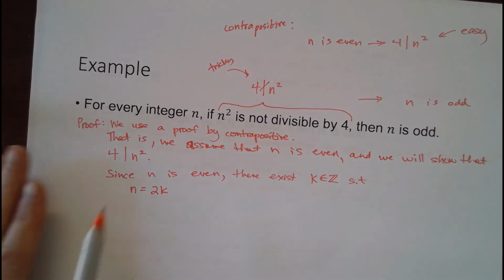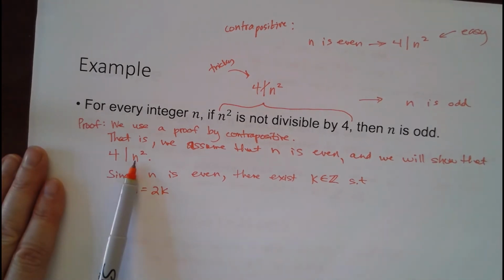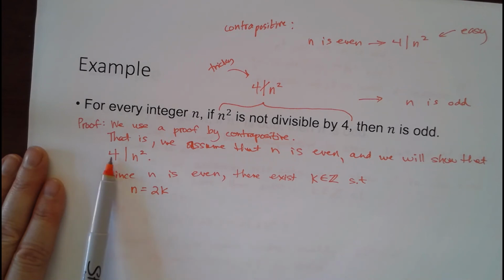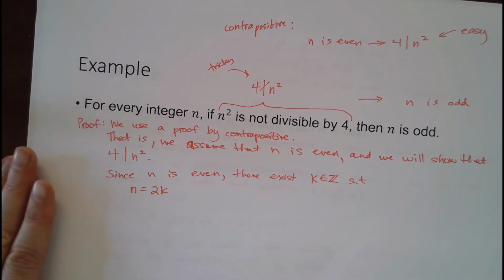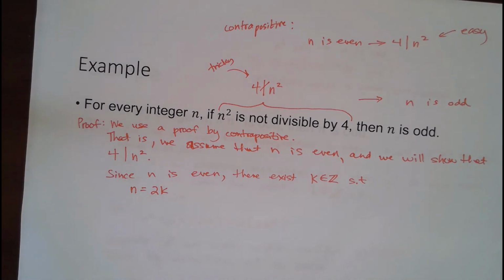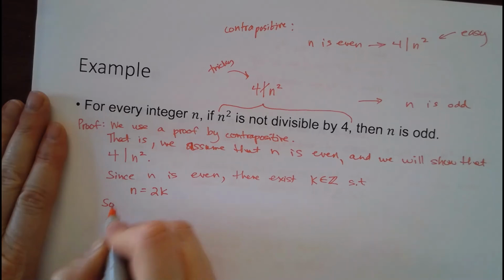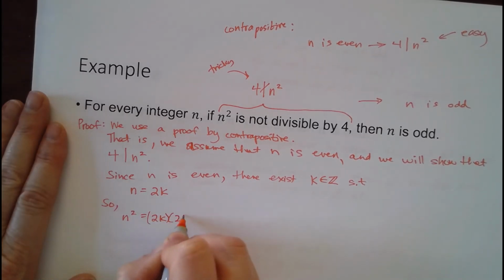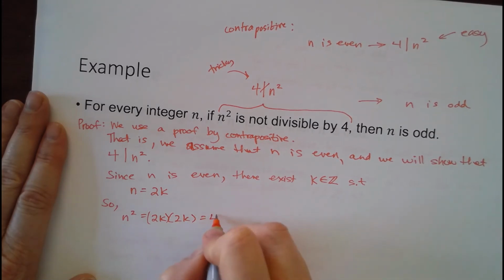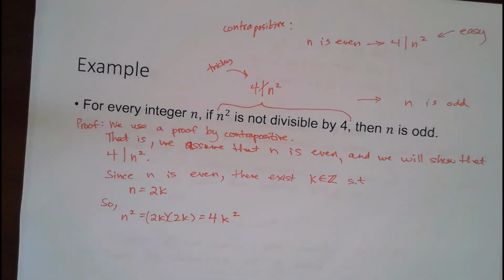All right, now we're trying to show that n squared can be written as 4 times some integer, right? So let's think about that. That's where we're trying to get to. So we're trying to make an argument about n squared. So let's come up with an expression for n squared. So n squared is 2k times 2k, which is 4k squared.